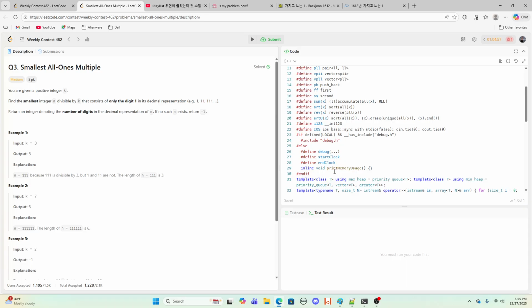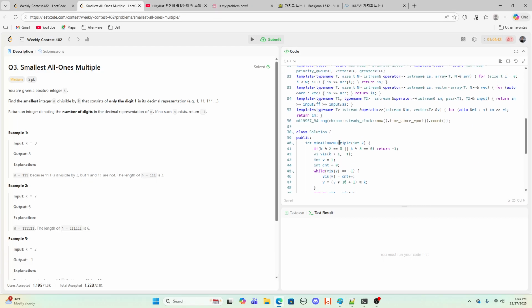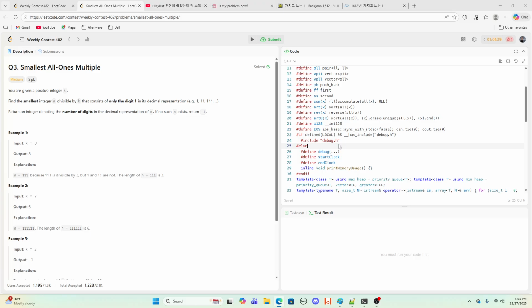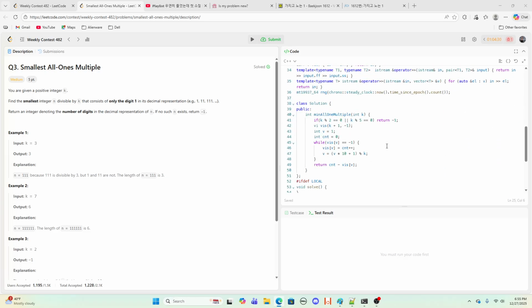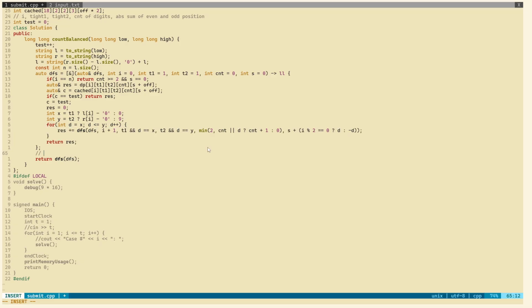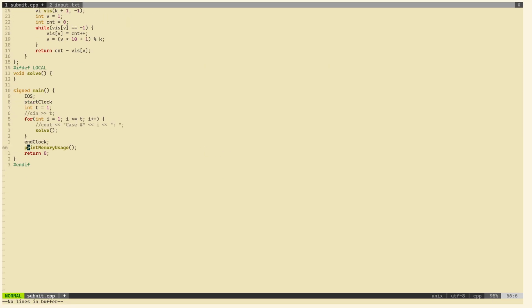You can just do a loop of keeping the remainder as you increase. So to say that it is divisible by, okay, you need this check first of all. I think you can ignore it. Let's see.